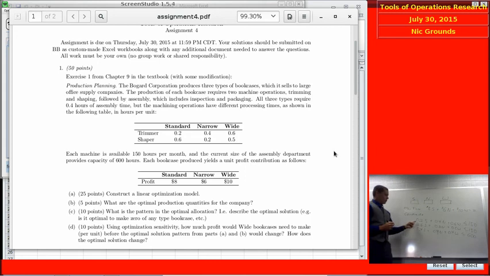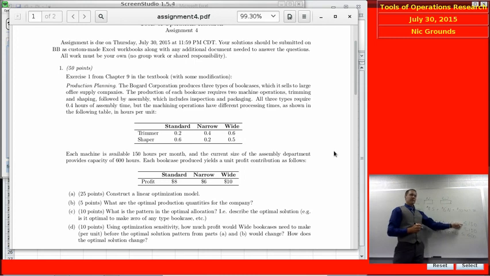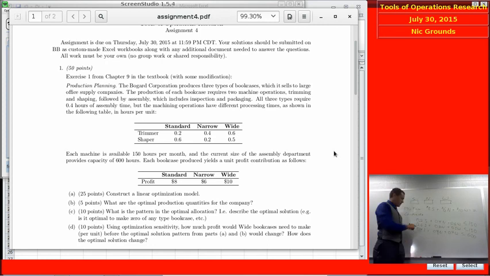And then we'd compute 0.2 times S plus 0.4 times N plus 0.6 times W, and we would tell Analytic Solver Platform that whatever that sums to is constrained to be no greater than 150, and so forth. Okay? So 3 constraints, 3 decision variables in the objective function. Any questions about generally how to set up that problem?